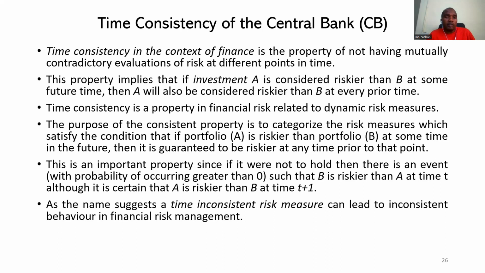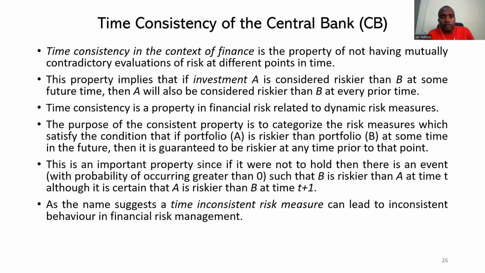That's a technical definition. This property implies that if investment A is considered riskier than investment B at some future time, then A will also be considered riskier than B at every prior time. The time consistency property is a property in financial risk management related to dynamic risk measures.